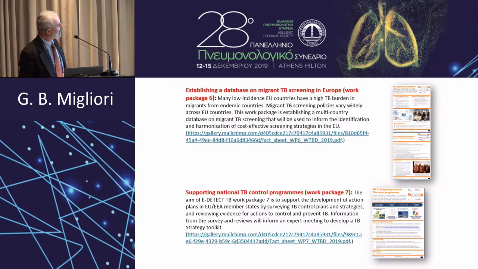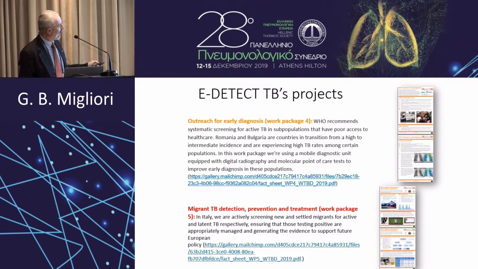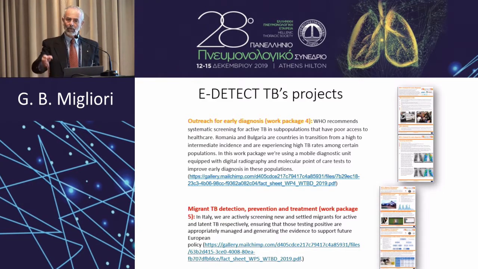And I go back to this, I want just to report a kind of funny thing that happened for this work package here. Because in the Netherlands, they built a radiological bus with a very high technology machine built in the Netherlands, etc., that needed more than 1 year to be approved in Romania. You know why?